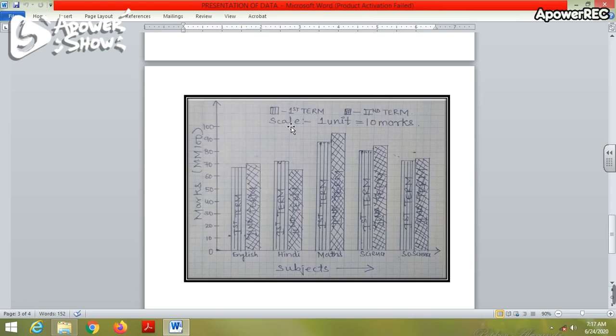So in this way we can avoid writing first term, second term each and every time on the bars of the given subjects. So in this way you can draw a double bar graph.